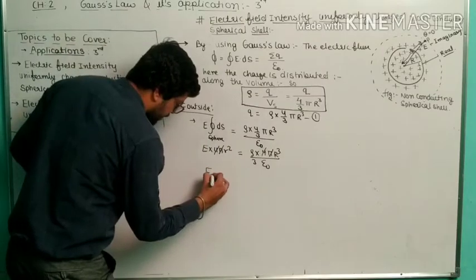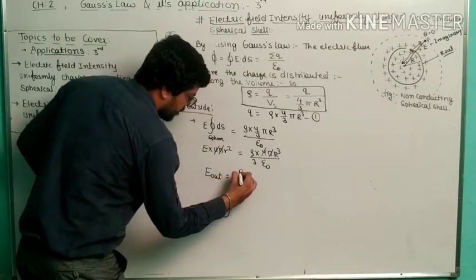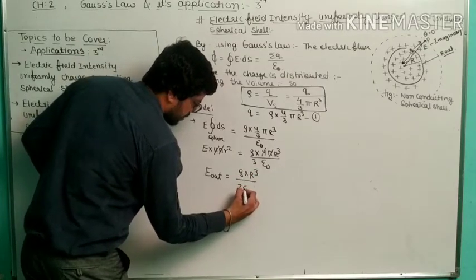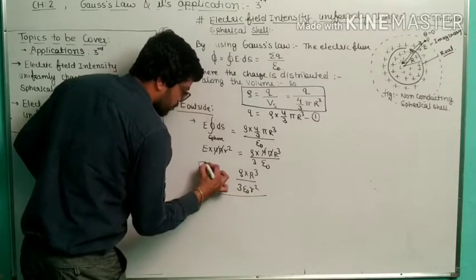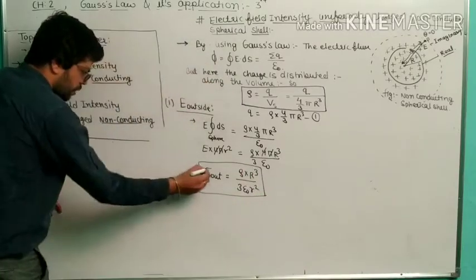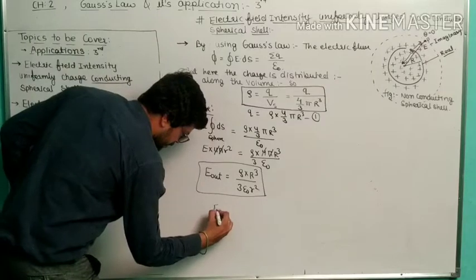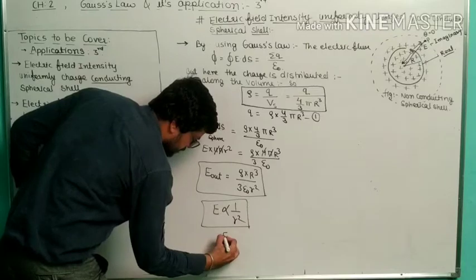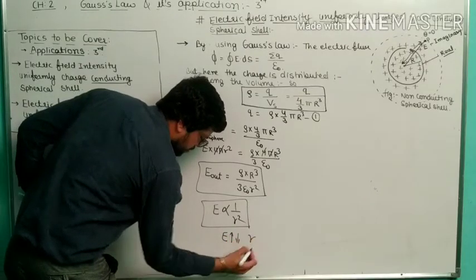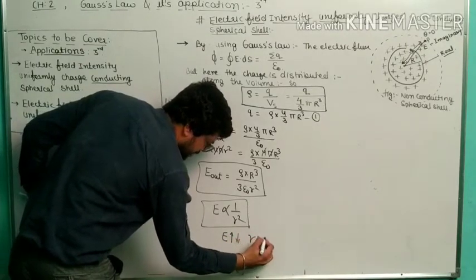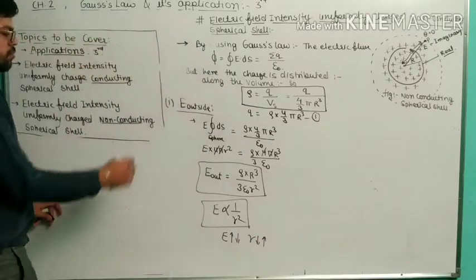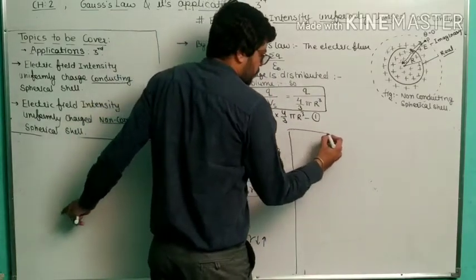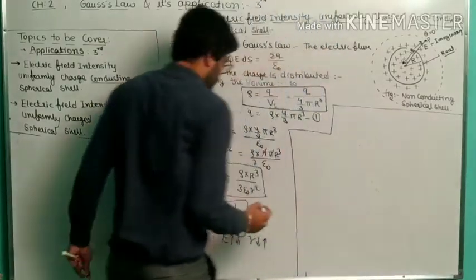So now we got it: electric field at outside, E equals rho into R cube divided by 3 epsilon naught r square. So what actually is the relation here? E is inversely proportional to r square. It means E increases or decreases when r decreases or increases. So this first condition we got. Now we are talking about another condition.